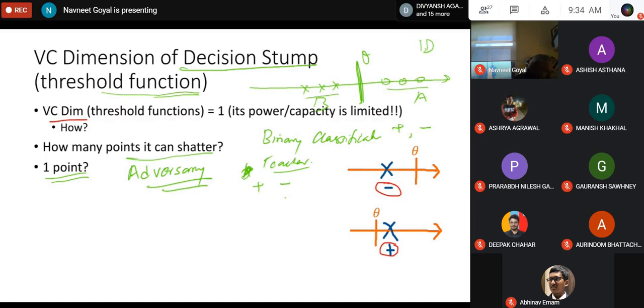To understand this, let me take 1 point, or one student. Suppose the student is here. Now the teacher gives him a plus. So where should I put this theta?